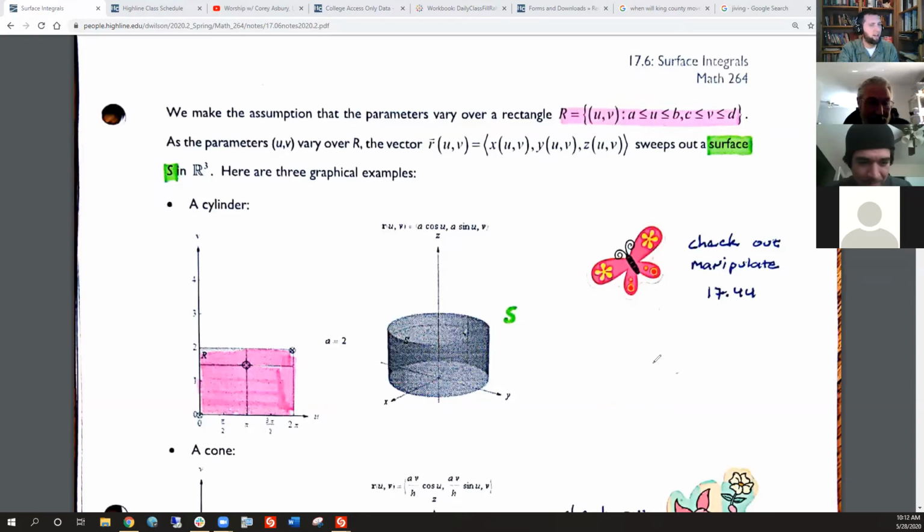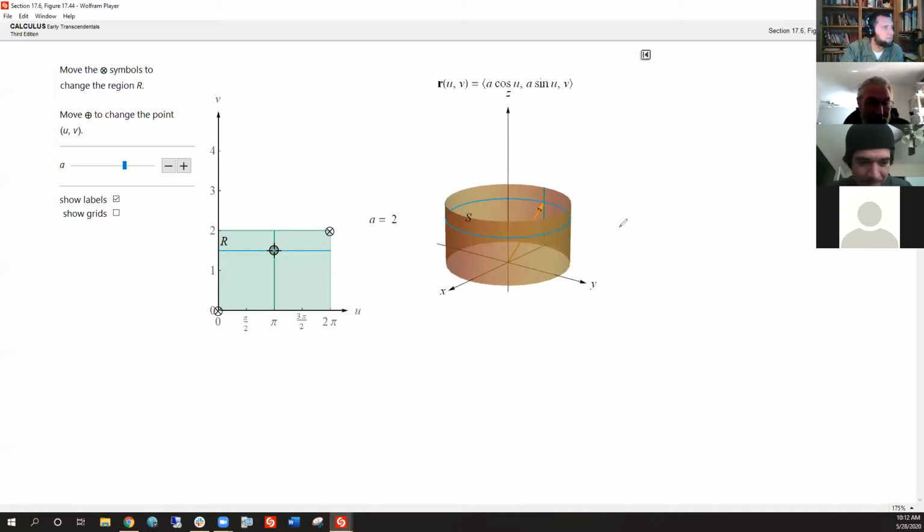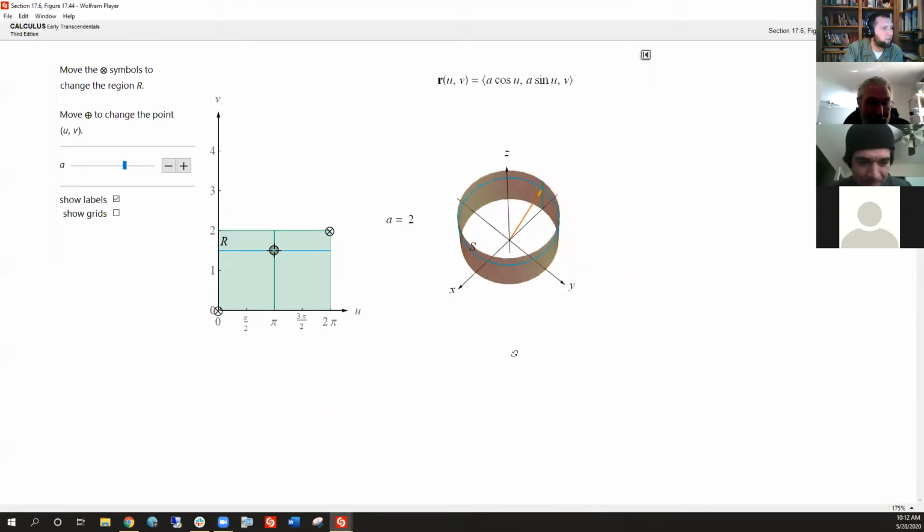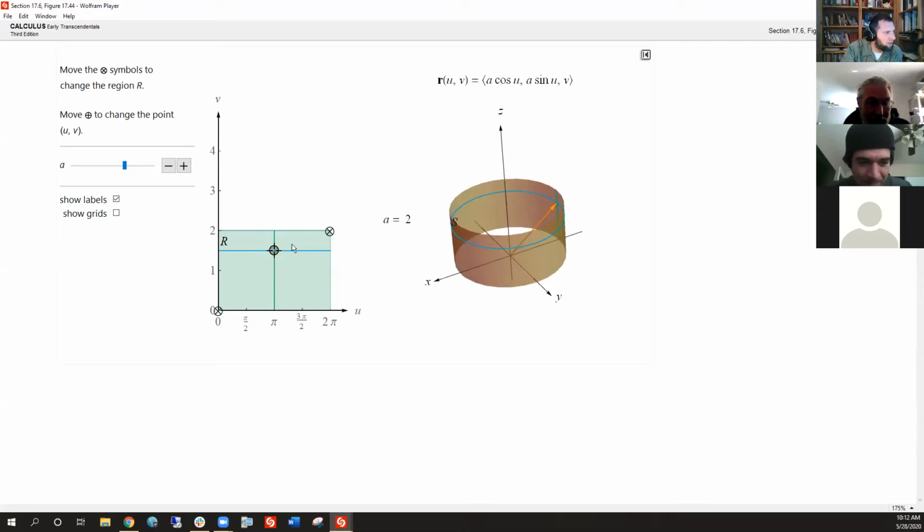So let's look at these various examples. So first, how would we use two parameters to parameterize a cylinder? So here's a cylinder, comes out. And what I want to point out to begin with is that the region in our UV world is a rectangle.